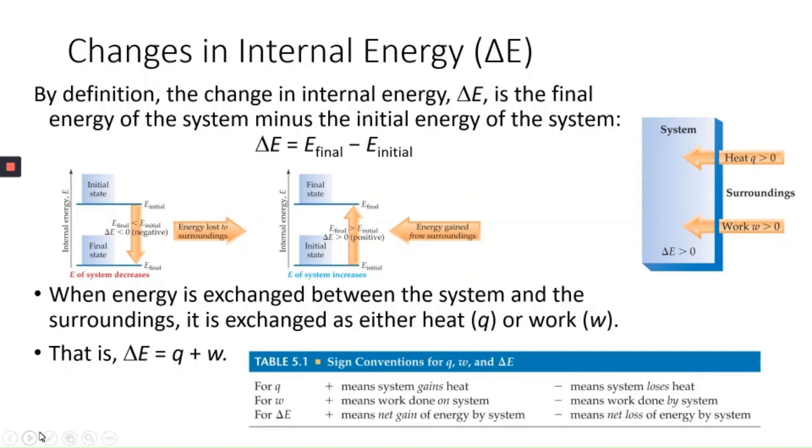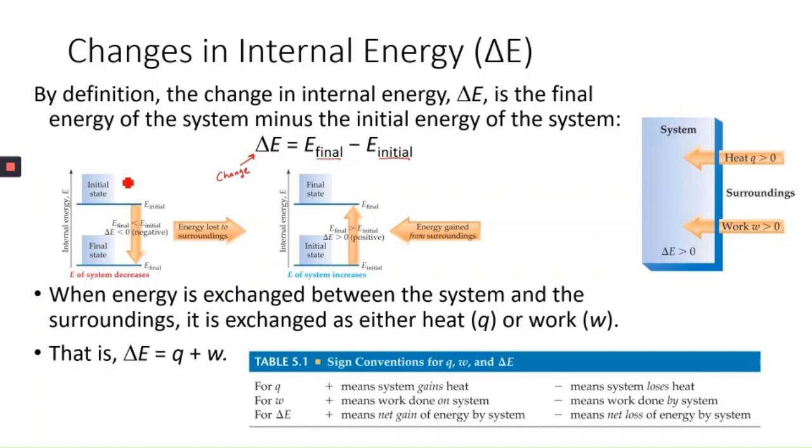So changes in internal energy. By definition, the change in the internal energy is just the final energy minus your initial. This symbol here, this capital delta, means change. So anytime you see that, that is going to mean change. And when you're changing something, you always take the final minus the initial. That is just a standard way to calculate deltas, okay?